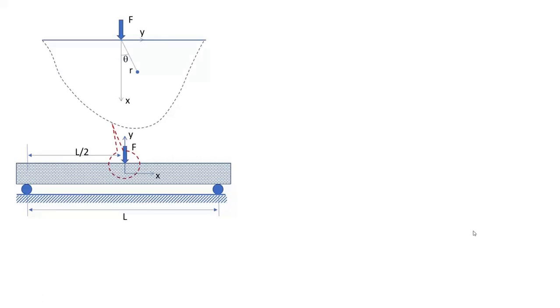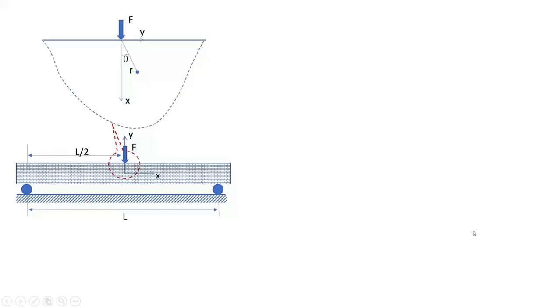So I am separating a portion of the beam and the load is shown here. The axis system is x-axis downward, y-axis to the right, and I also have indicated r theta coordinates in this figure.